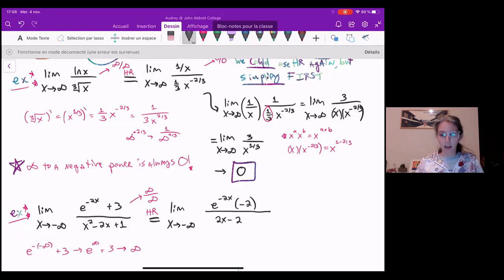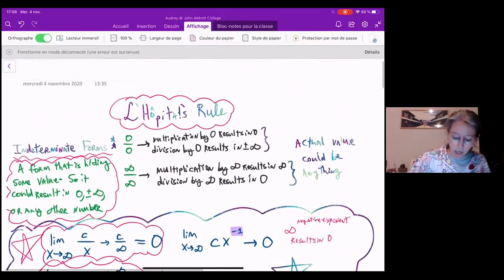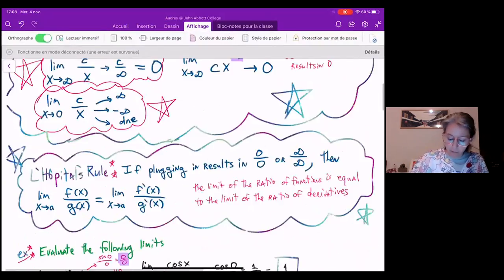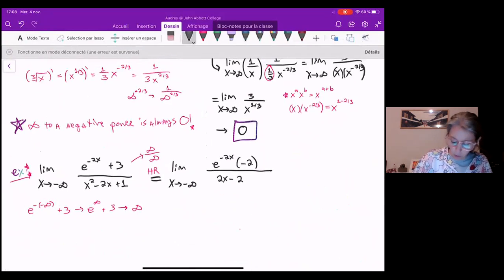I can factor out that 2 on the bottom and cancel out the 2's. It's not 100% necessary in this problem because it doesn't really get rid of any x's or change the form of the problem at all. That said, I'm still going to do it just to really get us into the habit of making sure that we always simplify after we have taken L'Hopital's rule.